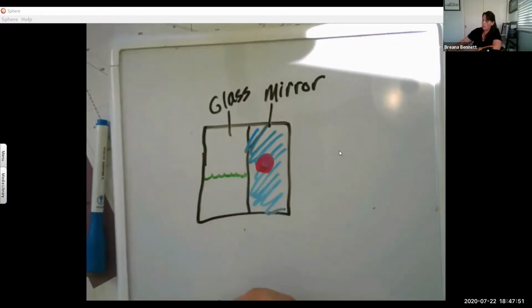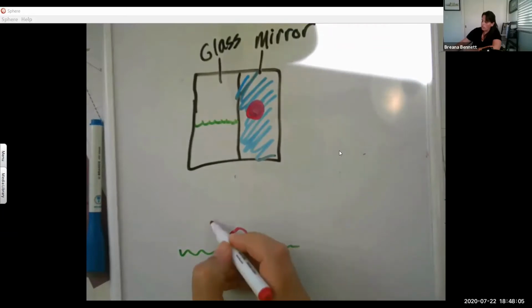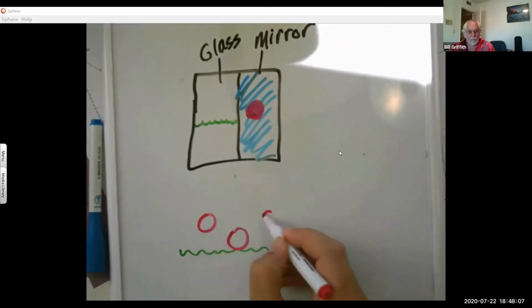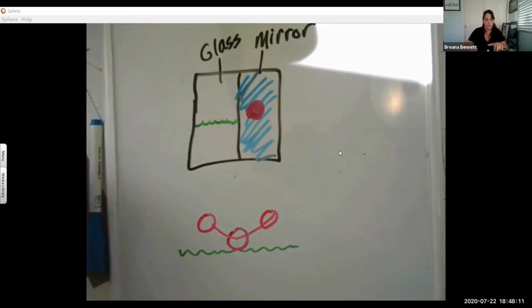So what you want to happen is, here's your horizon. You want your sun to be right on the horizon, barely touching the horizon. So what I do is swing the sextant.